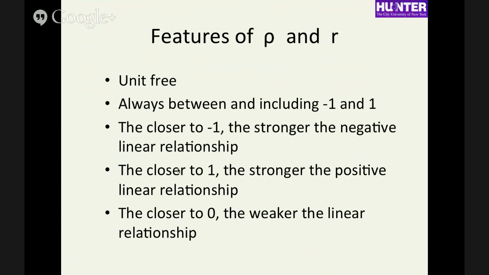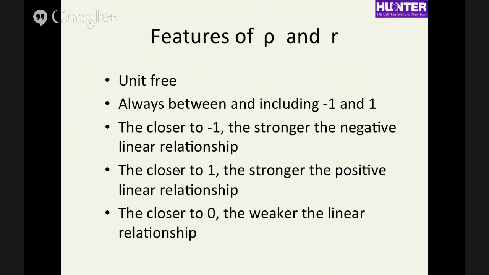Contrast that to, and we haven't gotten to it yet, but if you've had any experience with linear regression, you have a slope. When you draw a best fit line, it has a slope, and that slope has units. By way of example, for the association between people's height and weight, there would be a positive association, and you could write it as: for every inch taller someone is, they on average weigh another 10 pounds or so. That's 10 pounds per inch, so those are units.